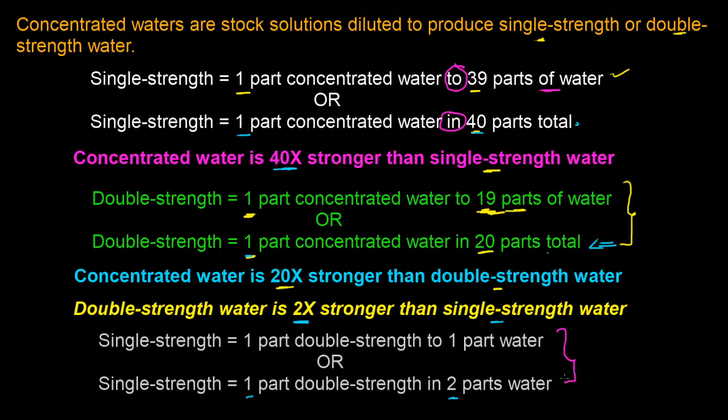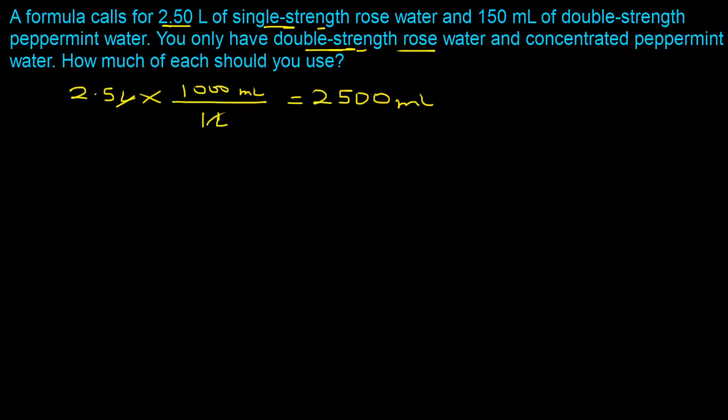Because we actually have the total volume that we are interested in, it's more expeditious to use this version, 1 in something, because we have the total parts and the total quantity that we want to make. After some time, this should be more or less second nature, and you don't need to reference the slide that frequently.